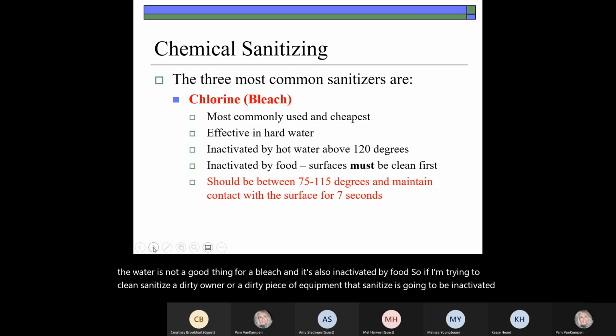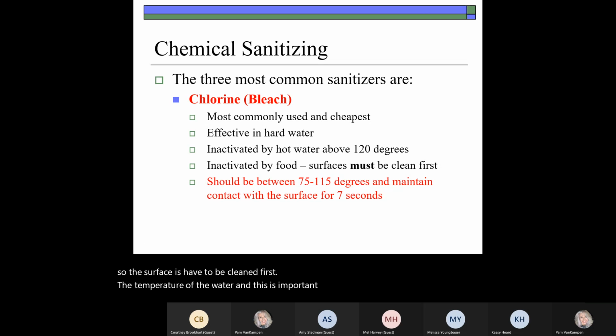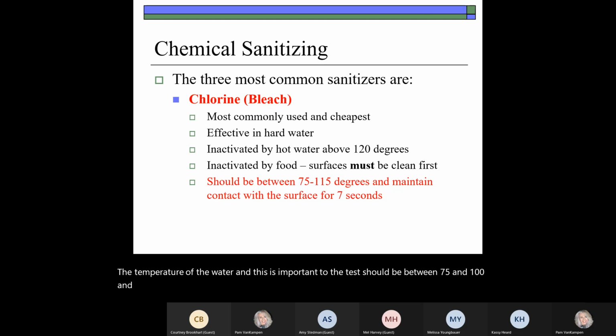So the surfaces have to be cleaned first. The temperature of the water, and this is important for the test, should be between 75 and 115 degrees. Remember, 115 degrees. There might be a trick question. And maintain contact with the surface for 7 seconds.